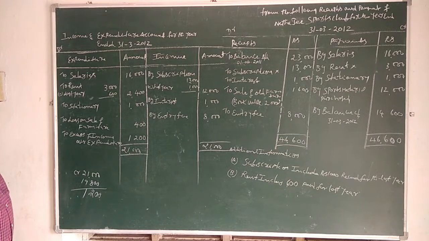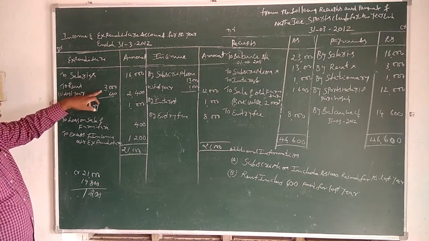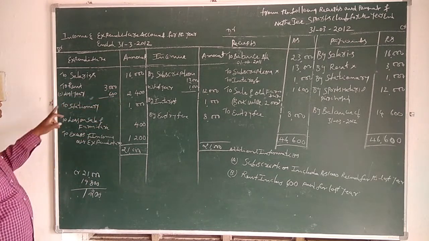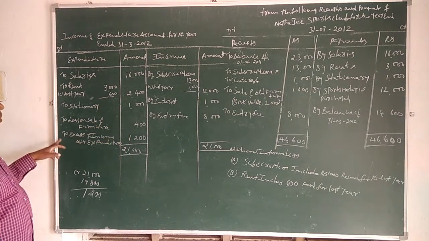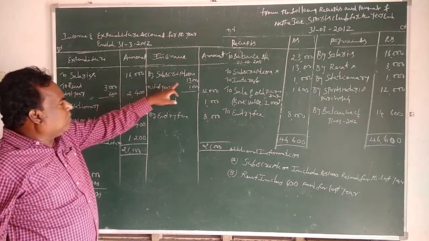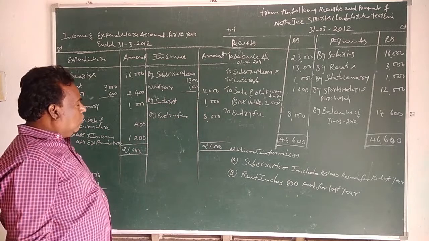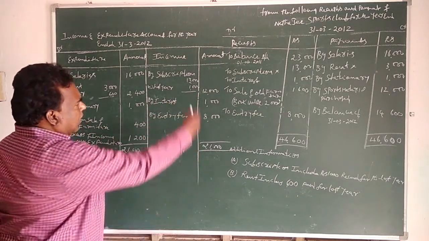Once again, expenses: to salary 16,000, to rent 3,000, minus last year 600, 2,400, to stationery 1,000, to loss on sale of furniture 400. Next income: by subscriptions 13,000, minus last year 1,000, 12,000, by interest 1,000, by entry fee 8,000.